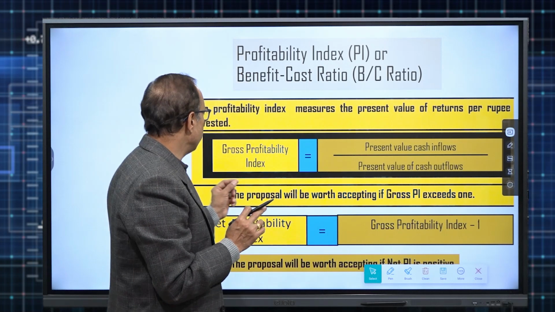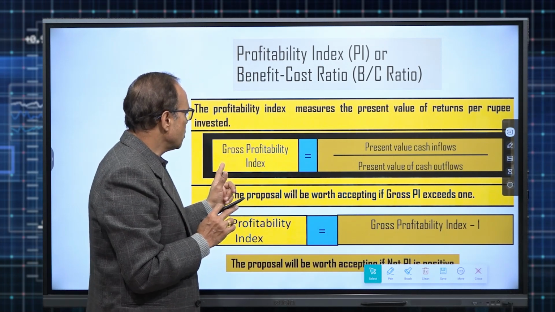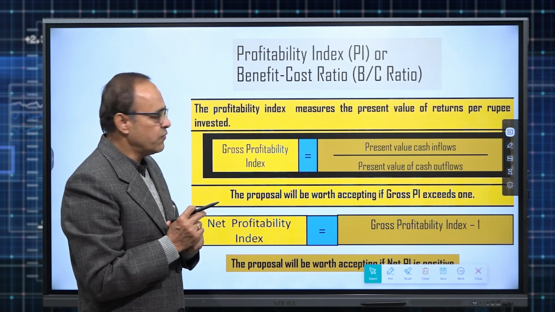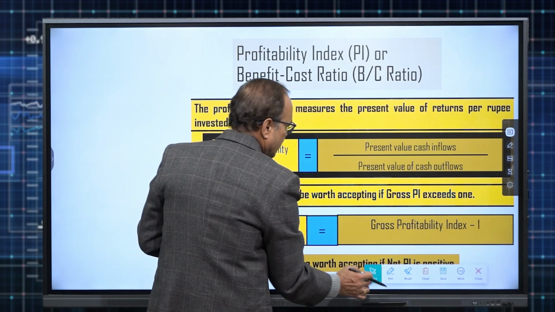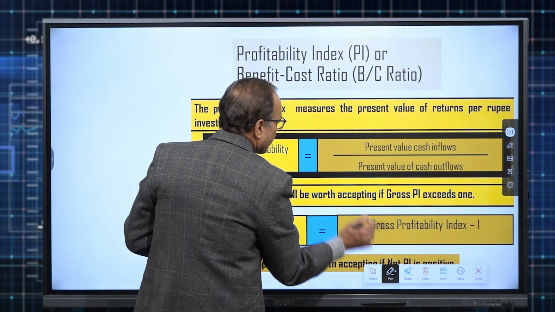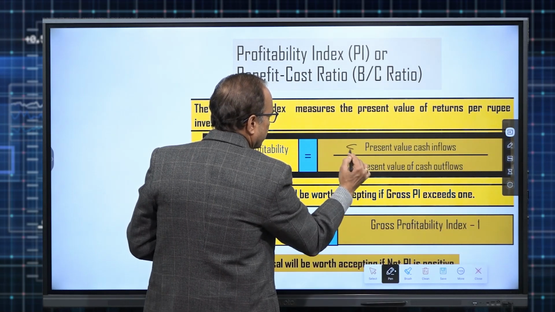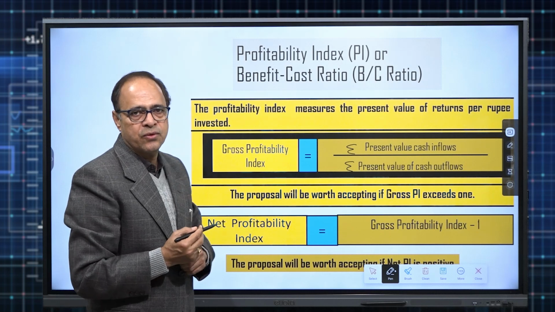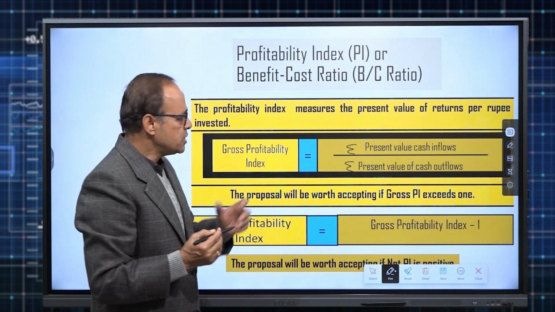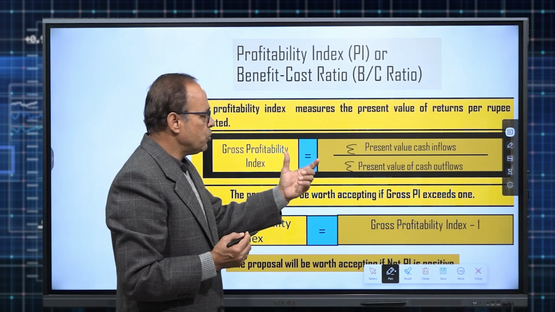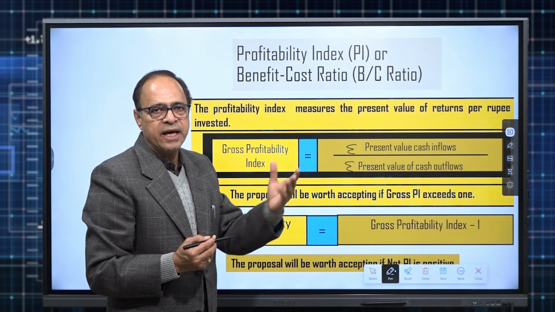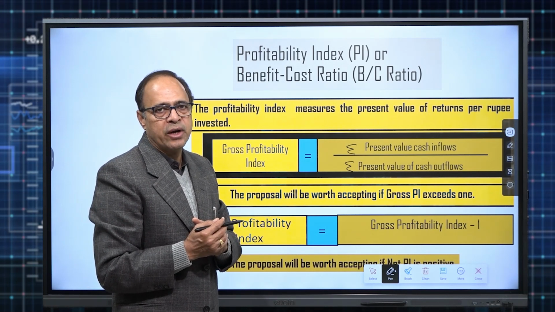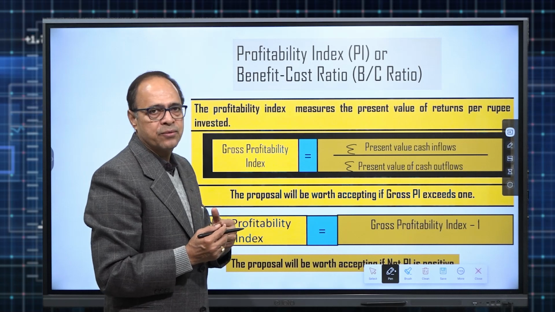Then the last step: gross profitability index is equal to the sum total of present value of cash inflow divided by the sum total of present value of cash outflow. This will give you, for every 1 rupee of cash outflow, how much cash inflow you are going to get in terms of present value.